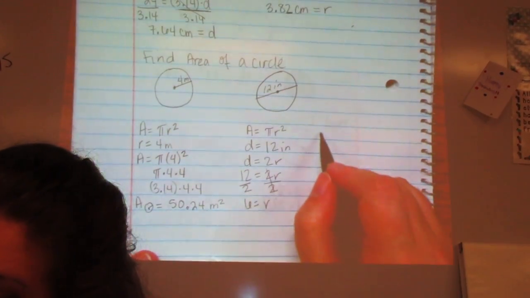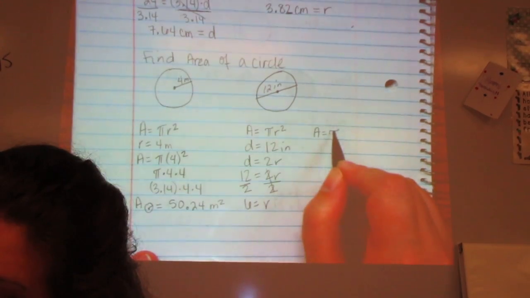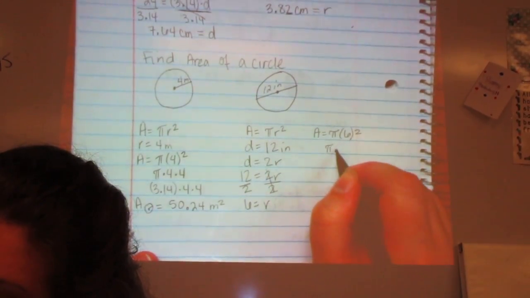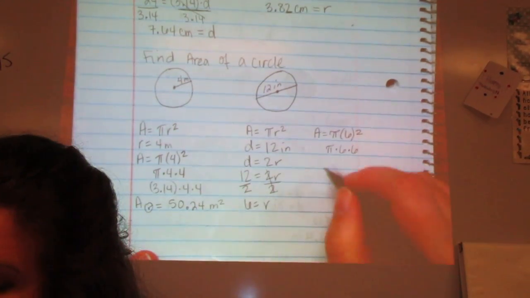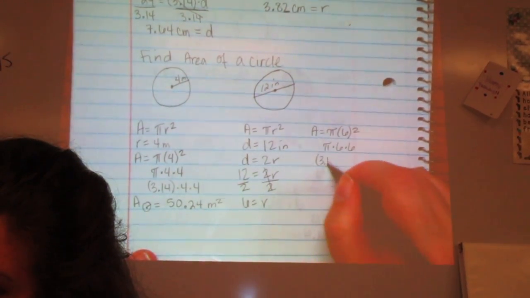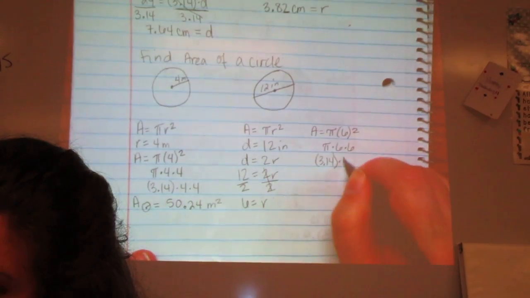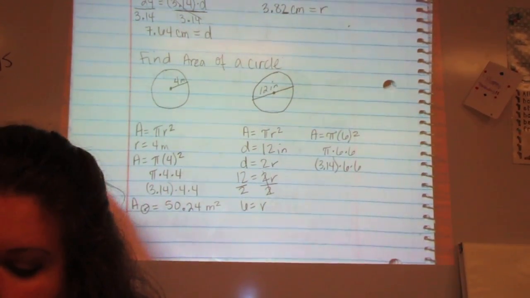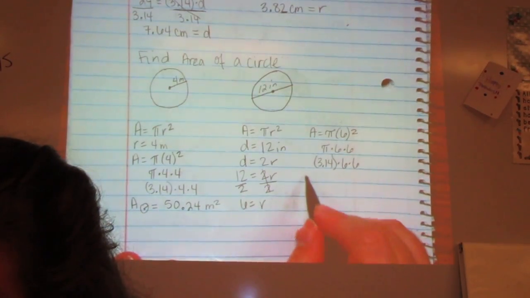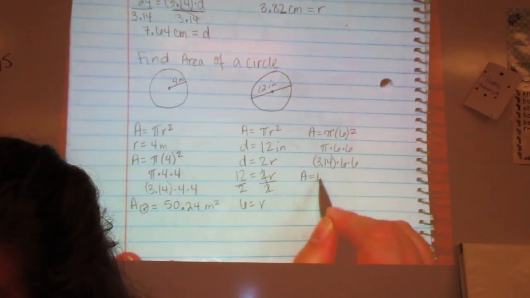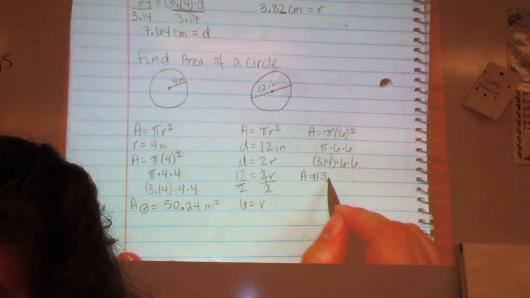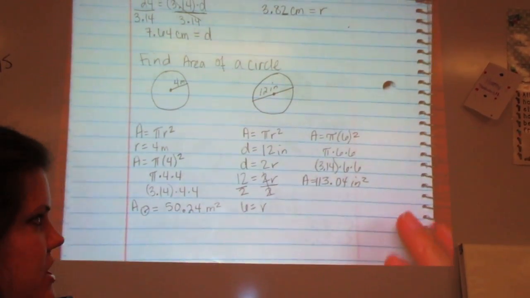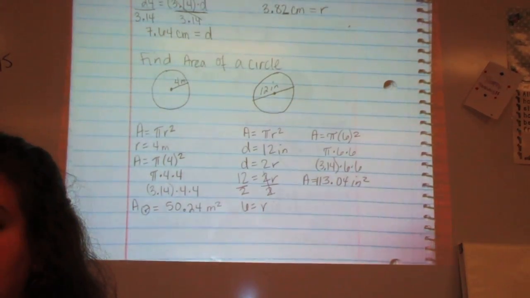Now I can put that in my formula. And that means pi times 6 times 6. Pi is 3.14 times 6 times 6. And that gives me an area of 113.04 square inches. Those are the straightforward ones.